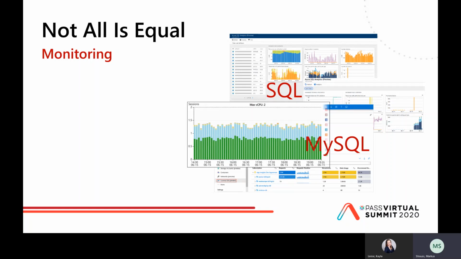I want to make sure I get all of these to the same level of monitoring capabilities, the same level of metrics, the same level of granularity, so that when I look at the metrics across my environment, all of those data points make sense.